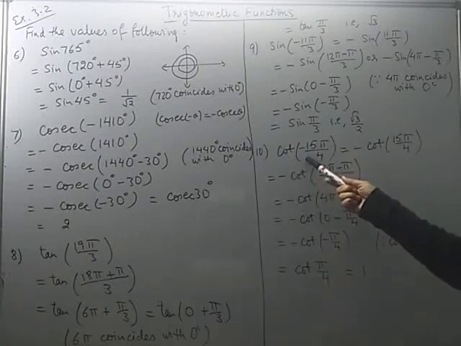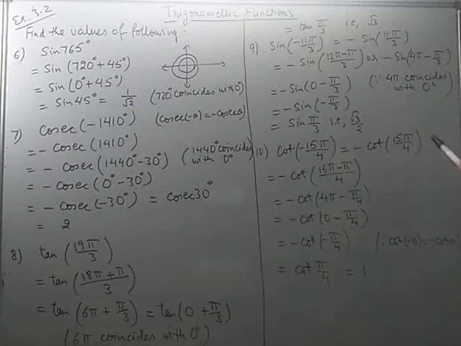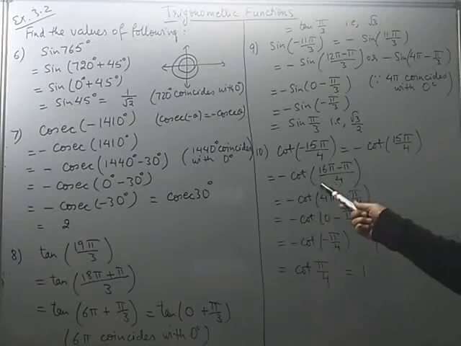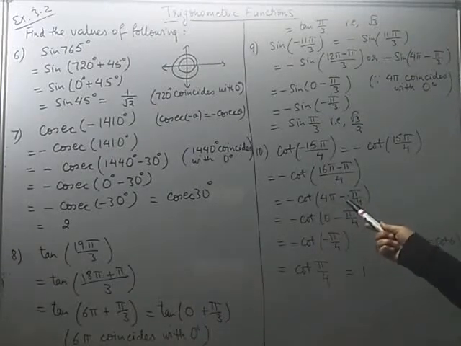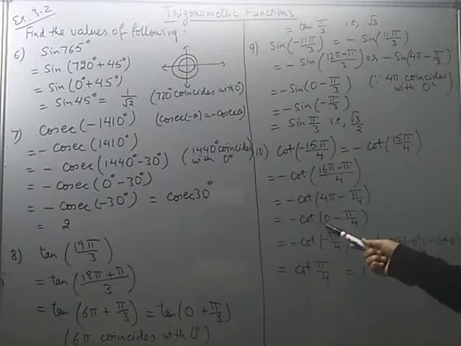Now the 10th one is of the same type. See, it is in the form cot minus theta. We can write it as minus cot theta. Then breaking it into two parts, the closest multiple of 4 to 15 is 16. So 15 pi can be written as 16 pi minus pi. And dividing both by 4, we get this as 4 pi and this becomes pi by 4. As explained in the previous one, 4 pi is coinciding with 0 radians. So you can replace it by 0.